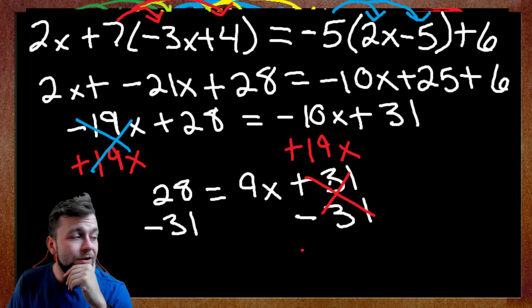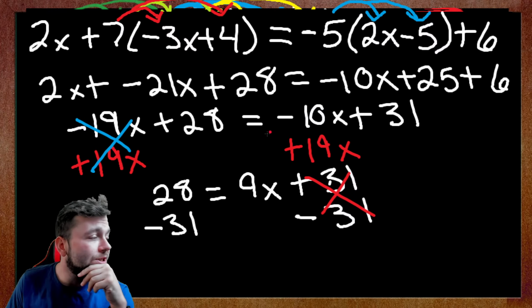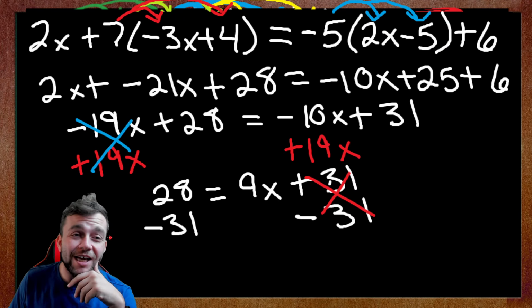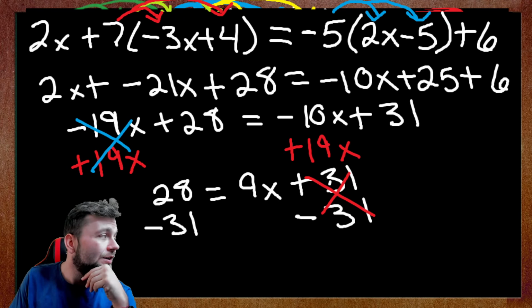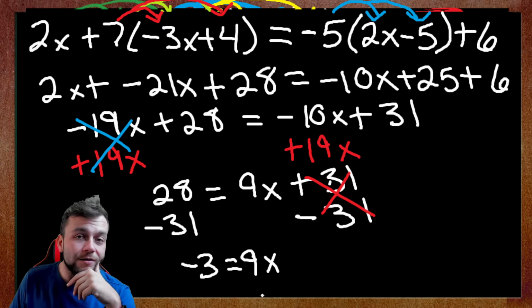Positive 31, subtracting a 31, goes to 0. Big 0. So, what do we have on the left side? What is 28 minus 31? That would be a negative 3 equals 9x. Okay, that's not too bad.